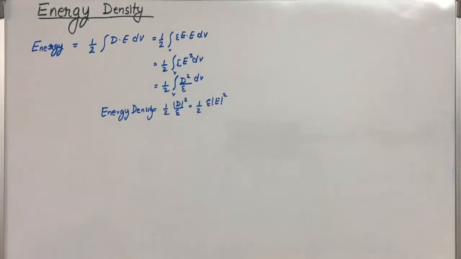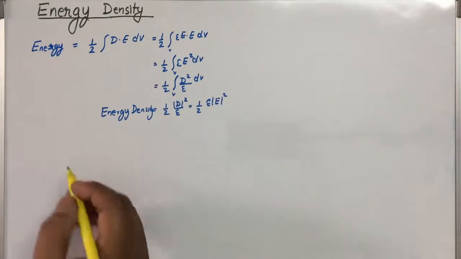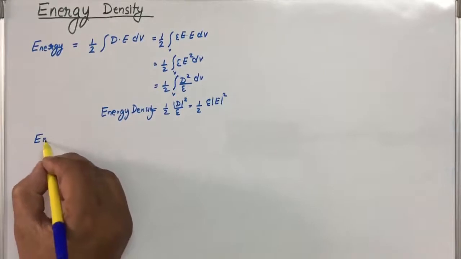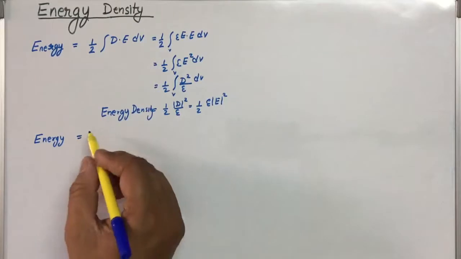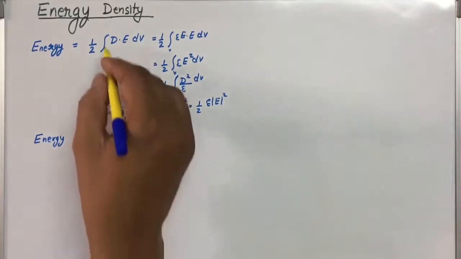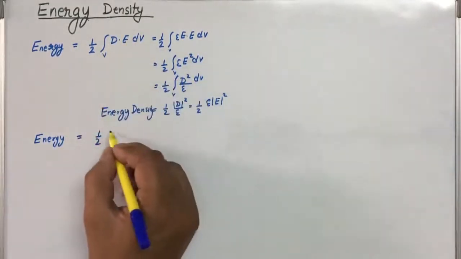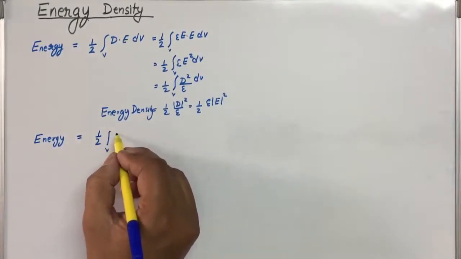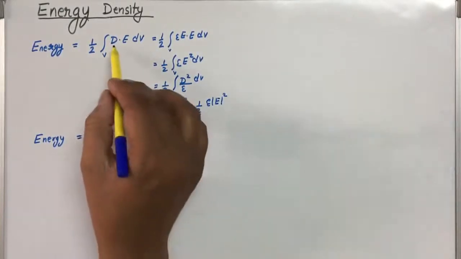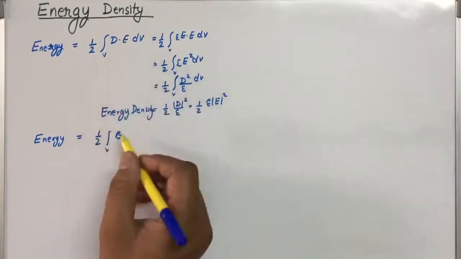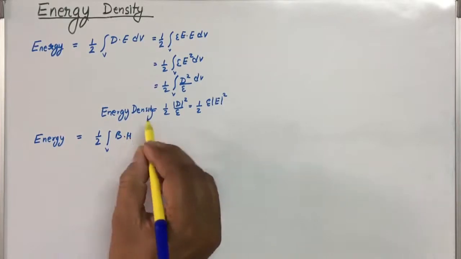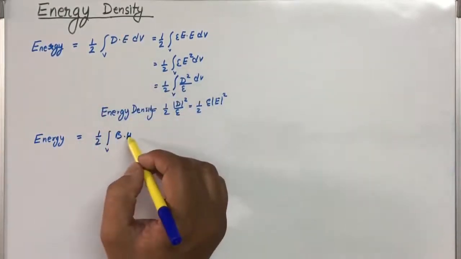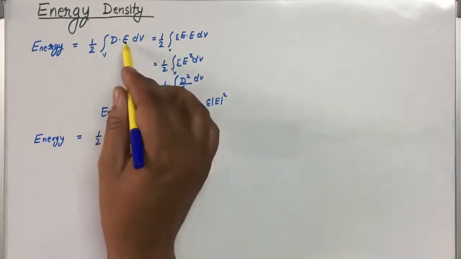Similarly, in a magnetic field, if we try to find the energy density, the energy in a magnetic field can be written similar to this, as it is written here: volume integral of magnetic flux density, as it was electric flux density, with the dot product of magnetic field intensity, here it was electric field intensity.